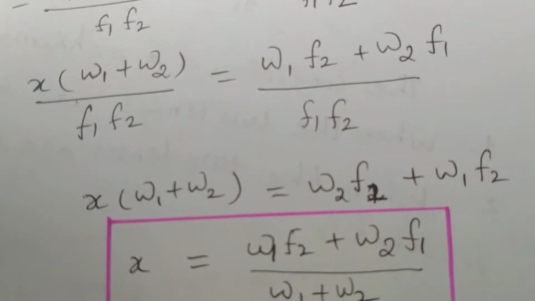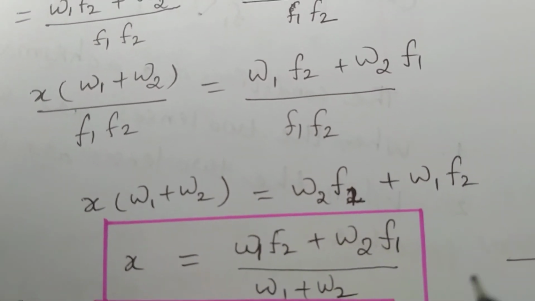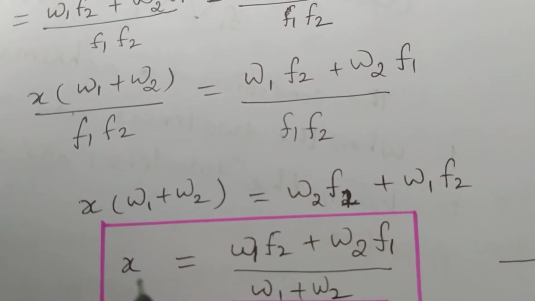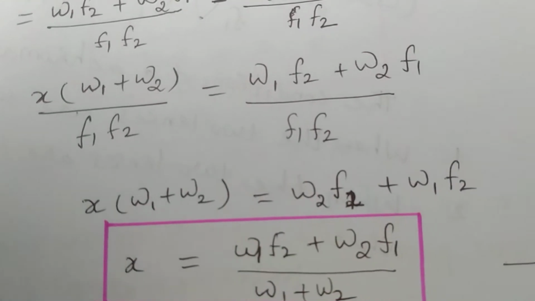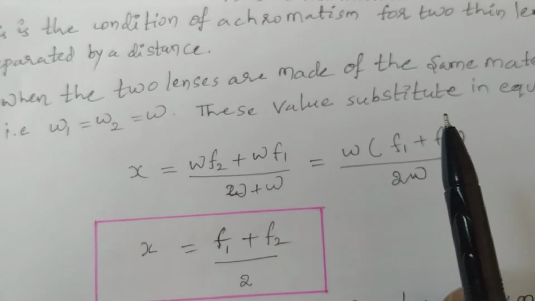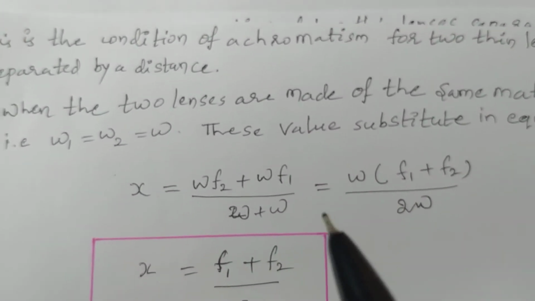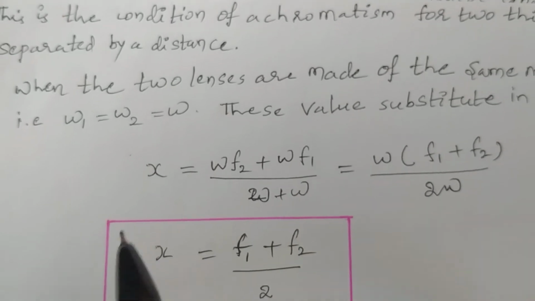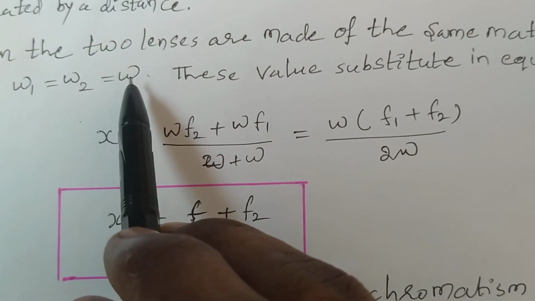So this is the condition for achromatic combination of two thin lenses separated by a distance, when the two lenses are made of different materials. When the two lenses are made of the same material, they have the same dispersive power, that is omega 1 is equal to omega 2, equal to omega.